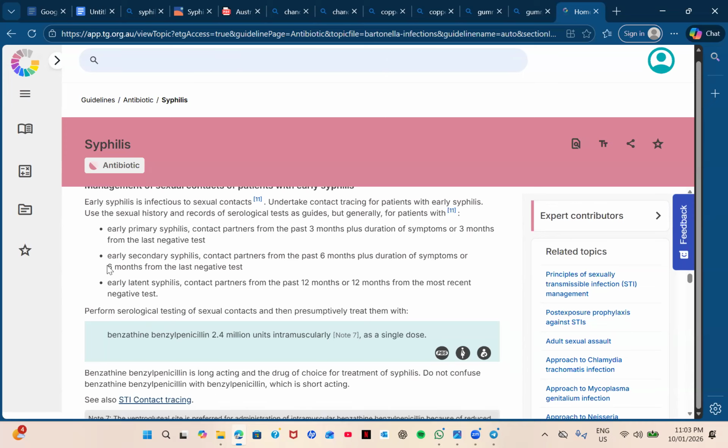Second, early secondary syphilis: contact partners from at least the past 6 months plus duration of symptoms, or 6 months from the last negative test. Or early latent syphilis: contact partners from the past 12 months or 12 months from the most recent negative test.